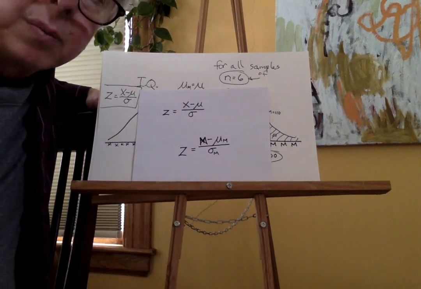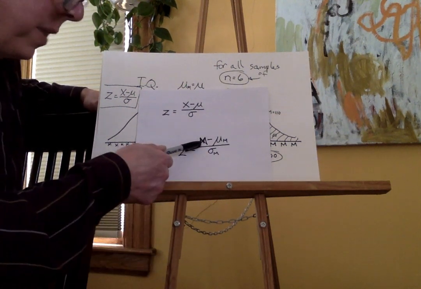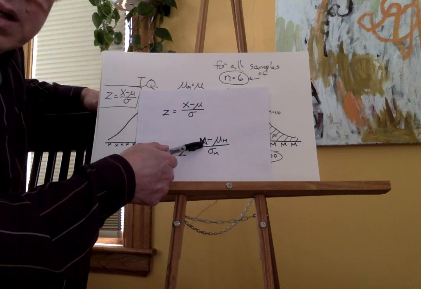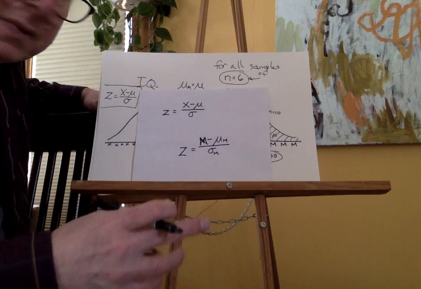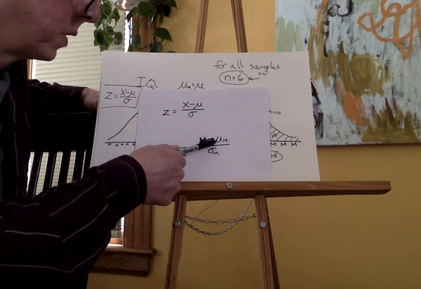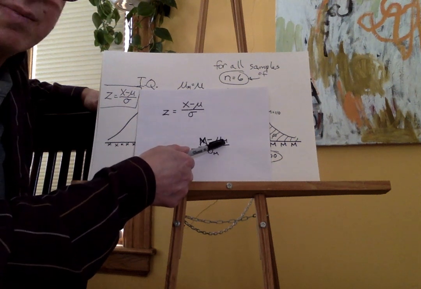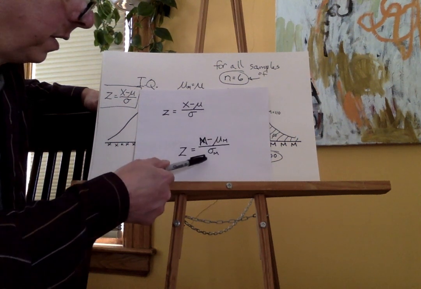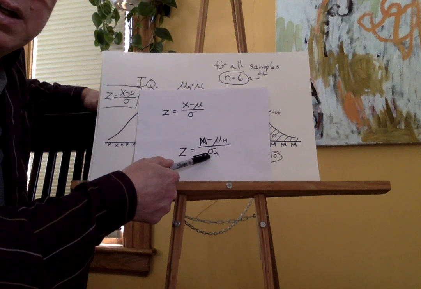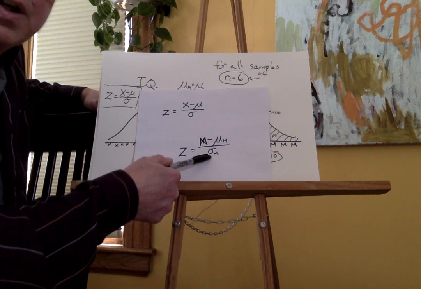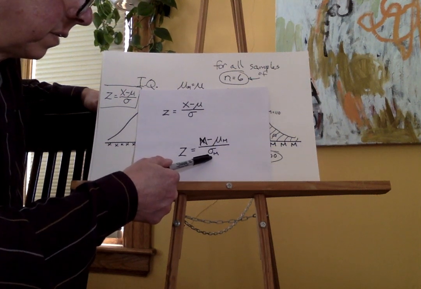Folks, just take your time, okay? I'm going to compare one sample mean, pull out a sample of 6. I'm going to compare that to what the mean for all the sample means look like. Divide by the standard deviation of the sampling distribution, okay?